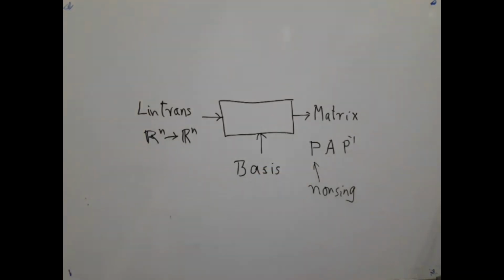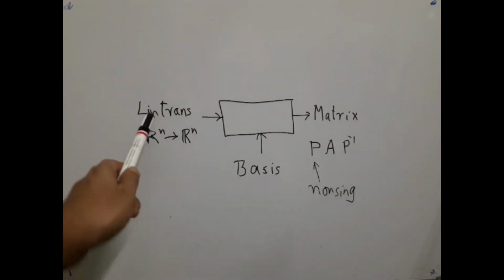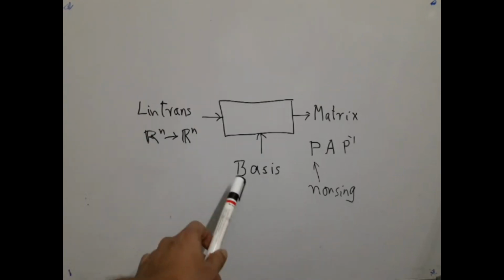The particular P will depend on the particular change of basis that we have used. And conversely, if we are given any non-singular P, then PAP inverse will represent the same linear transformation with respect to a suitable basis.